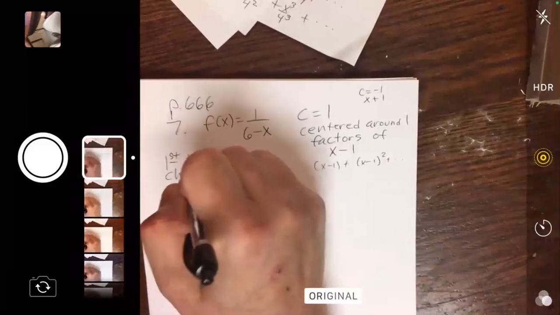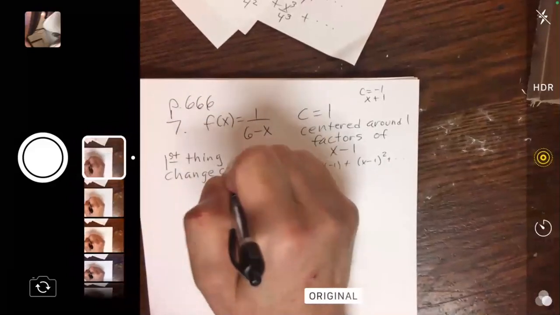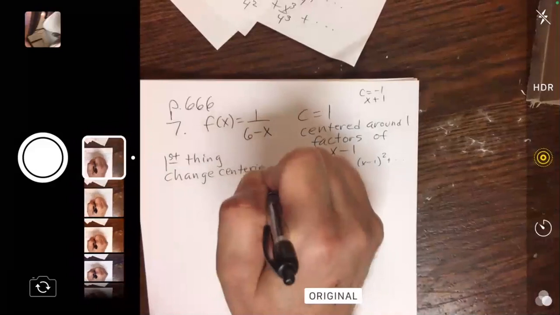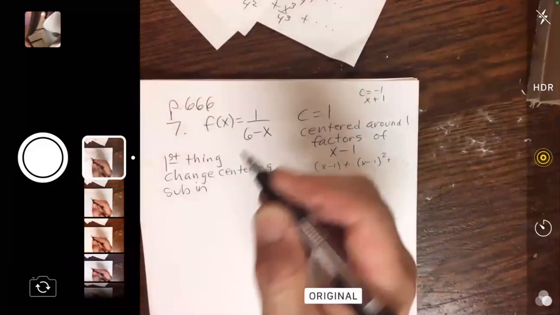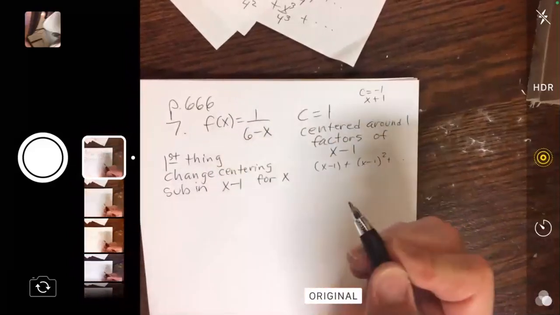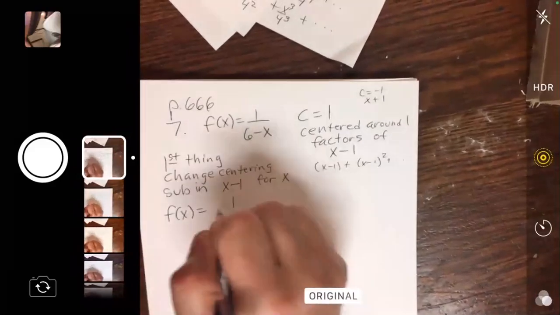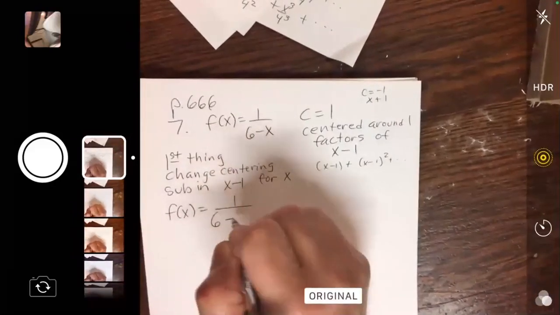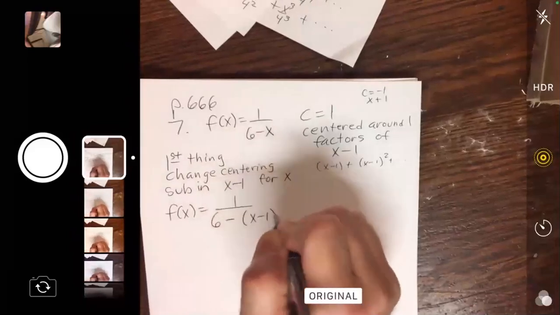So first thing, you want to change the centering. So you want to sub in x minus 1 for x. So you want your f of x here to be 1 over 6 minus an x minus 1.